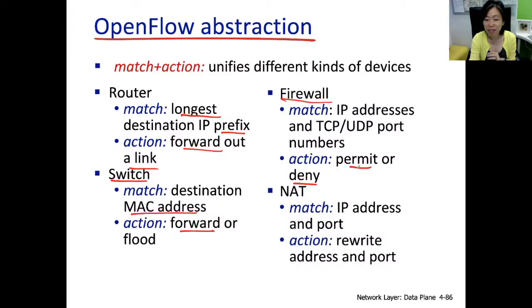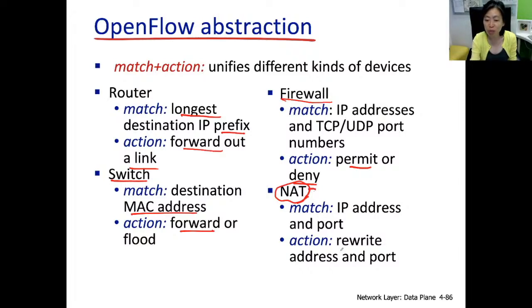One additional emulation SDN can do is NAT box. Because one of the actions allowed in generalized forwarding is changing the content in the packet. So for the NAT box, when there's a packet coming from the local network, before you send it out, we replace the source address and the source port number.